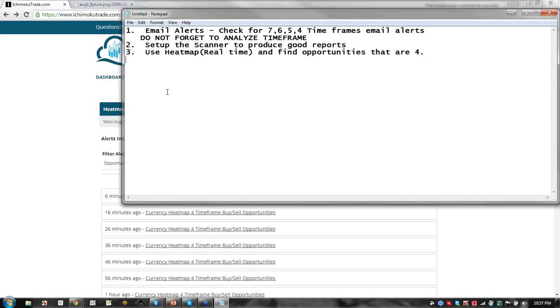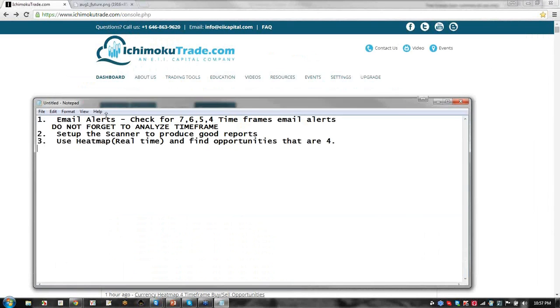Everyone good? You take these 3 steps, you'll find consistency. Everyone understand that? Because guess what? These are the 3 steps that we do.